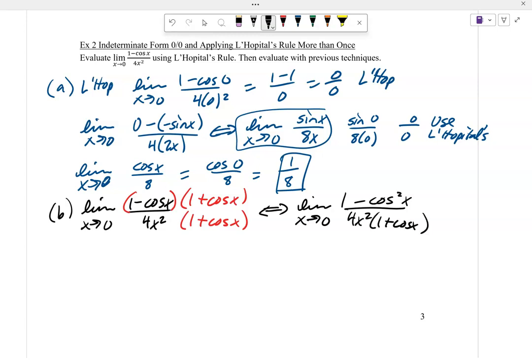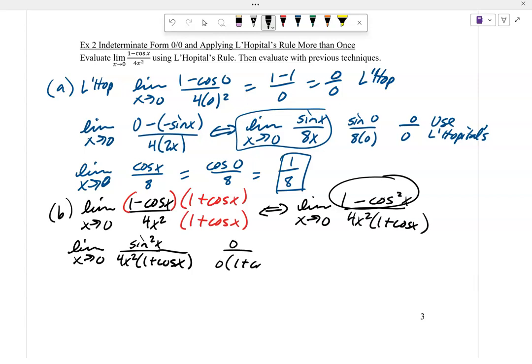Remember, sine squared plus cosine squared is 1, so 1 minus cosine squared we can replace with sine squared. And if I throw 0 in, I get 0 on top, and 0 times 1 plus cosine 0 on the bottom. So we've got 0 over 0.